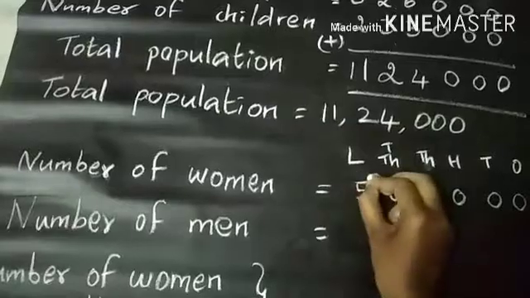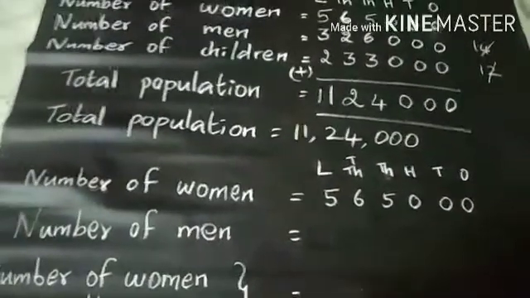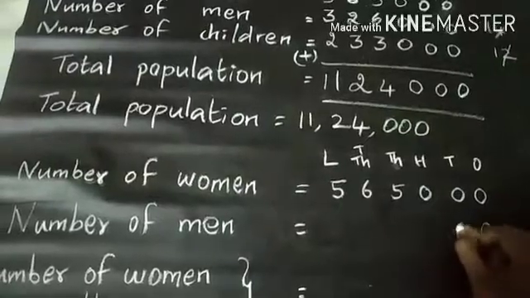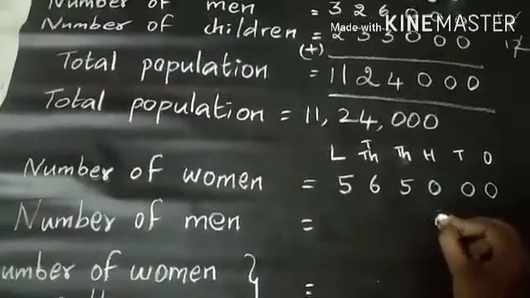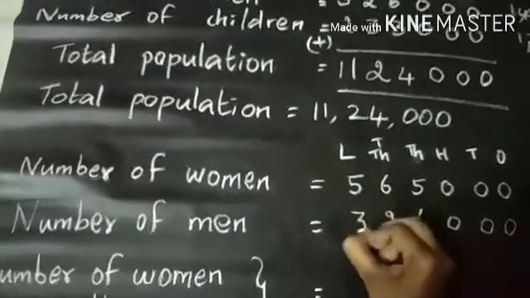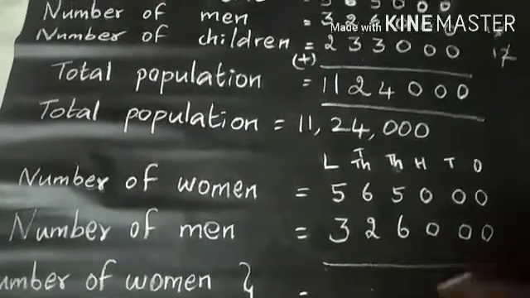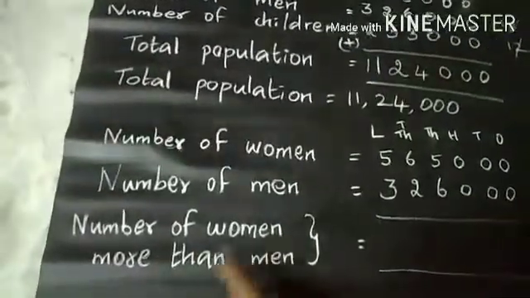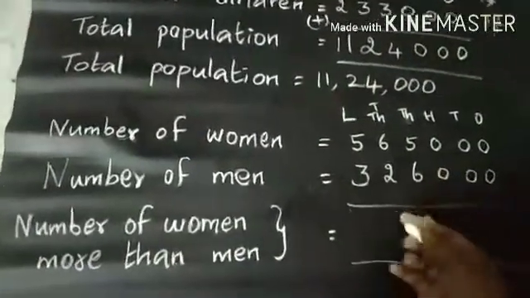Write the number from right to left. Then number of men is equal to 3,26,000. Write the number from right to left column wise. Here we should subtract to find the number of women more than men.